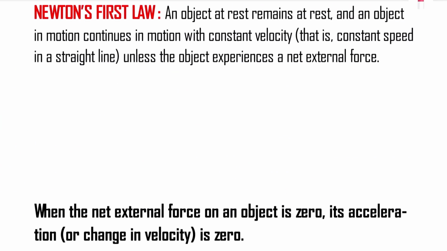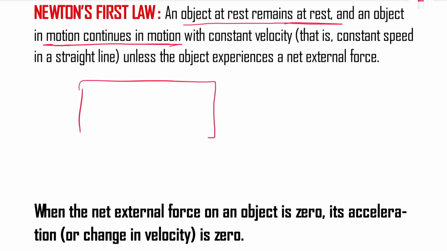Now let's talk about Newton's first law. Newton's first law says if an object is at rest, it stays at rest, or if an object is moving, its motion continues with constant velocity. Now I will give you another example from a vehicle.